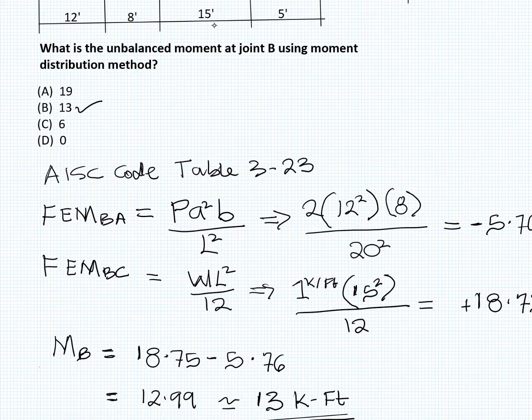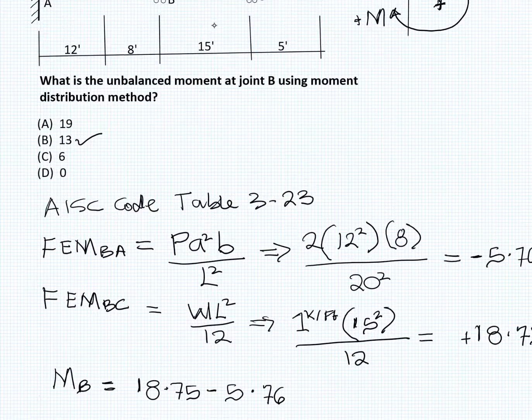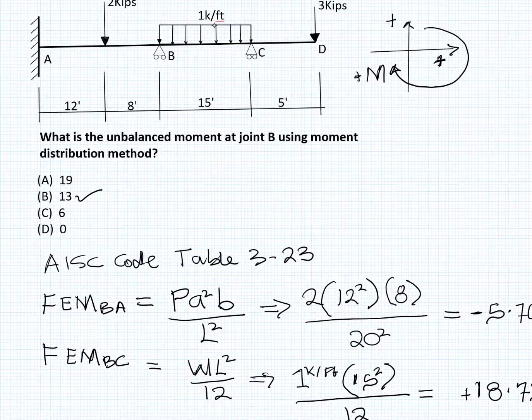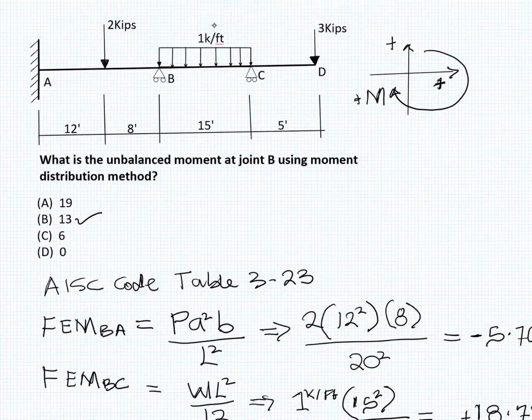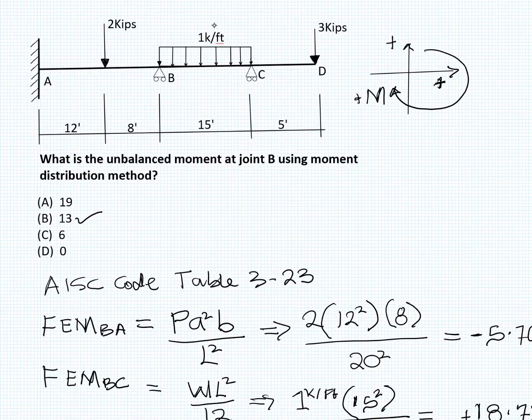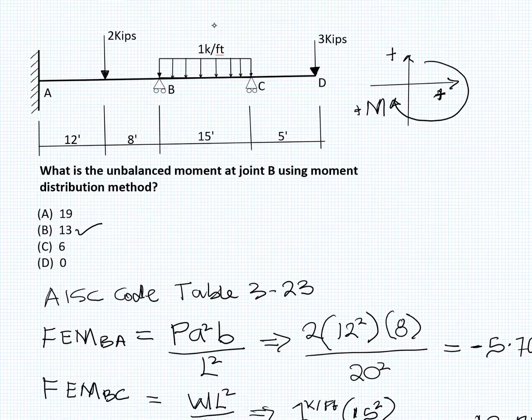So that's how to solve for the unbalanced moment. Typically, this is one of the first steps you engage in if you are using the moment distribution method. But we are not going all the way. We just want to know what the unbalanced moment at point B is.